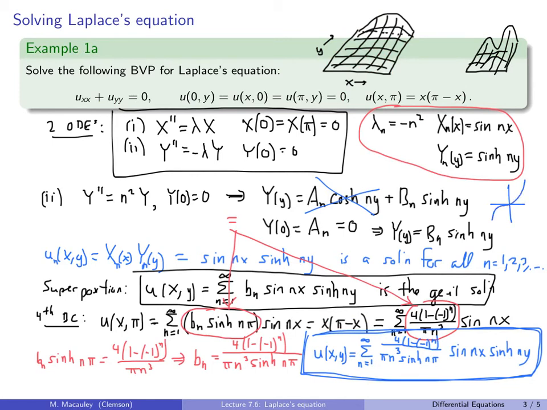So in the y direction, it would not be periodic. It would just be going off forever and going down forever in that way. So anyways, I don't know if you took anything from that, but this function, if you were to graph it, is precisely this surface right here. And it is the steady state solution to the heat equation given these four boundary conditions regardless of initial conditions.